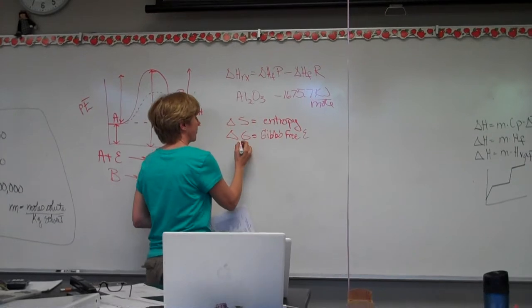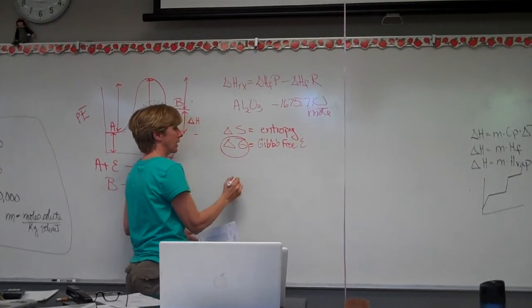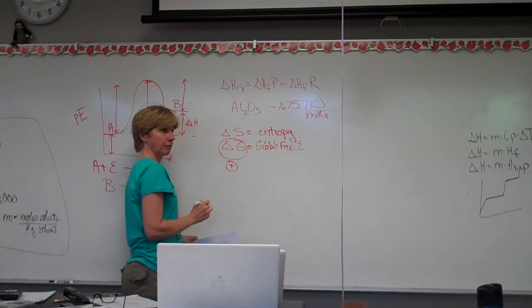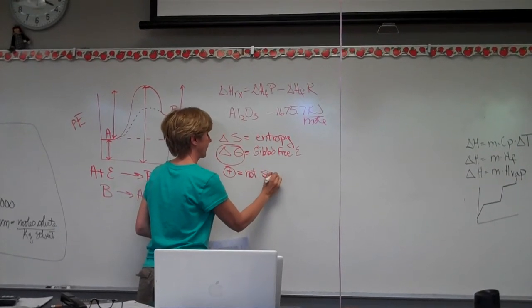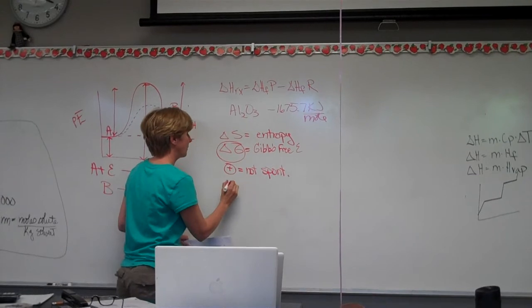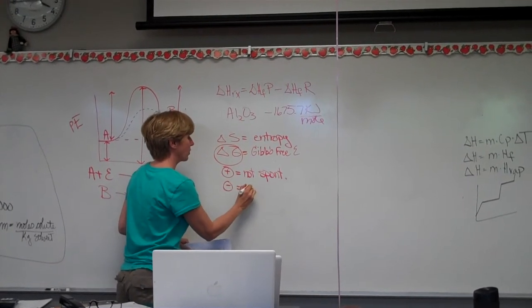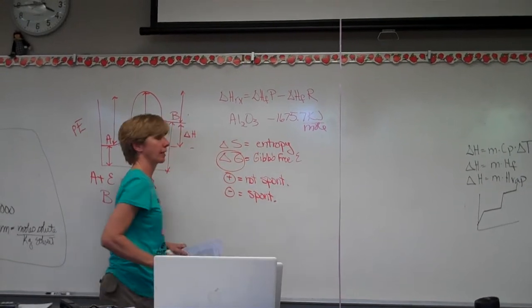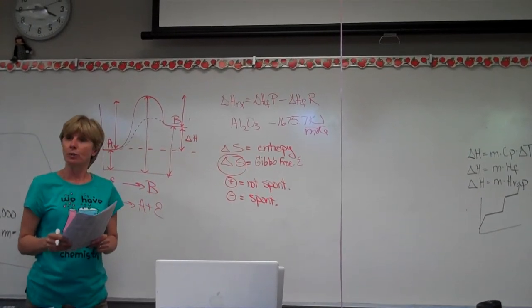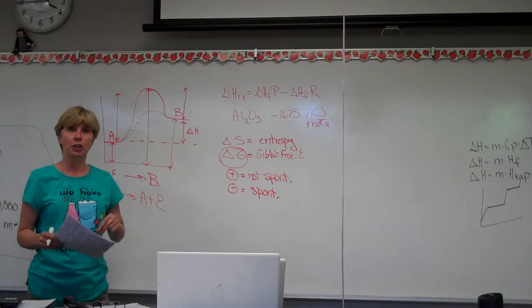Now, delta G, if it is positive, means it's not spontaneous. If delta G is negative, the reaction is spontaneous. That's what the values of delta G tell you.